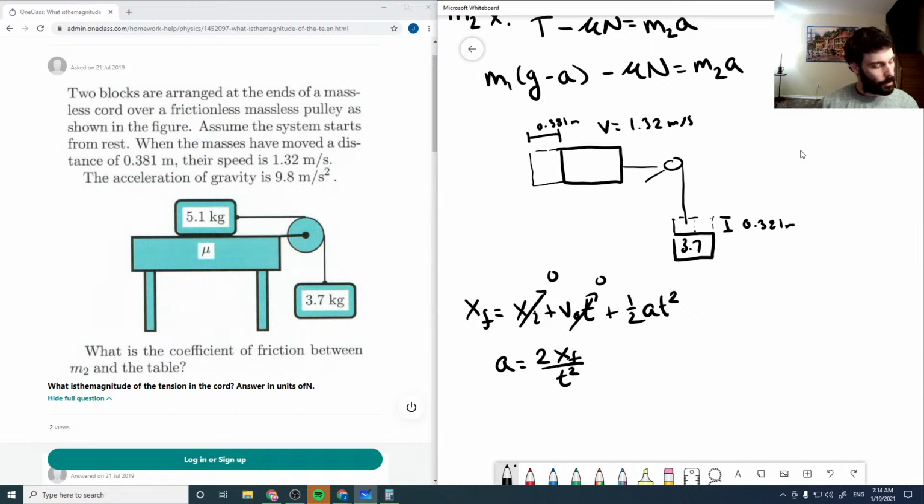But also, we can use our velocity equation, so Vf is Vi plus At.